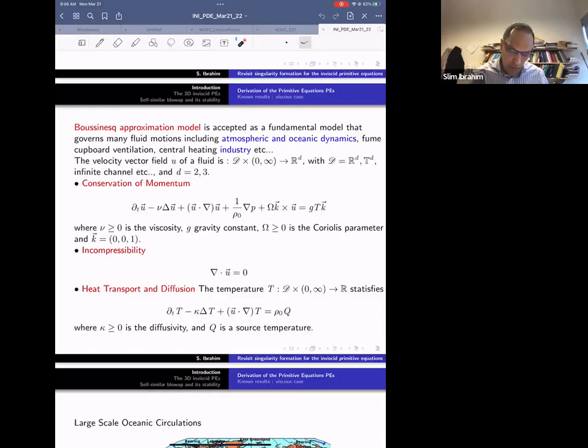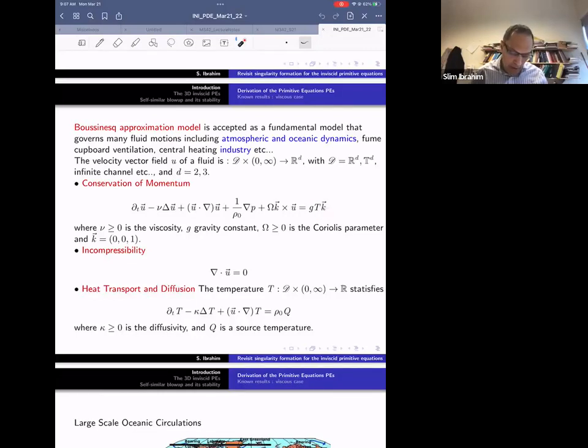Okay, so here we have a few parameters in this momentum equation. So we have the viscosity. The mass density here is supposed to be constant. But we have the viscosity, and we have the Coriolis force and the gravity. And this momentum equation is coupled with the heat transport diffusion equation on the temperature T. K here is the vertical vector.